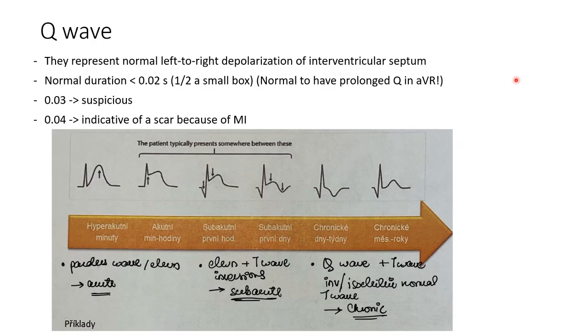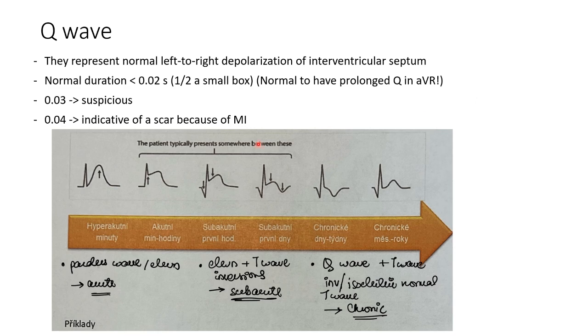Briefly discuss Q waves. What they normally represent is a left to right depolarization of the interventricular septum. And the normal duration is less than 0.02 seconds, so that's like half a small box. But please be aware that it's normal to have a prolonged Q in lead AVR.